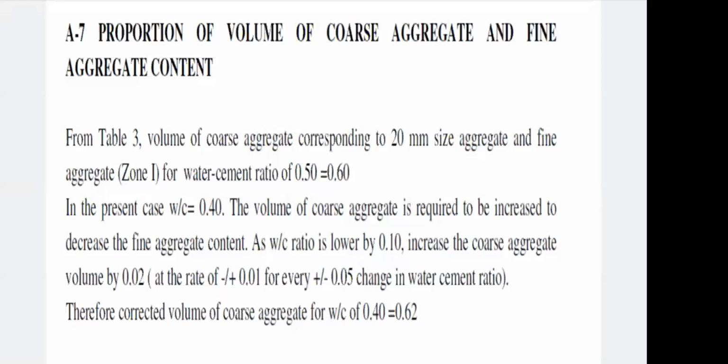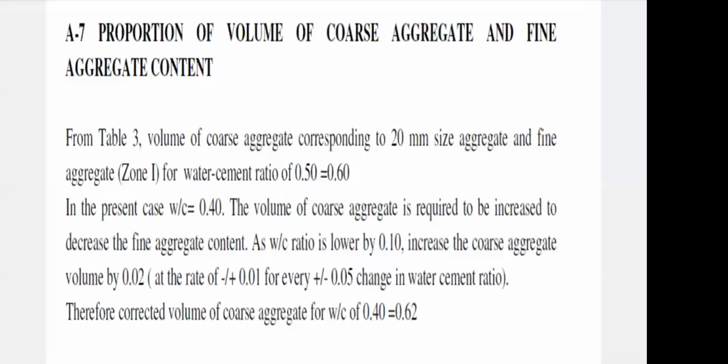How does it come? Because we know that the value for zone 1 is 0.6. But 0.6 is not your corrected value. Why? Because we have taken it from the chart for water cement ratio 0.5 only. So 0.5 minus 0.4 will give you 0.1.